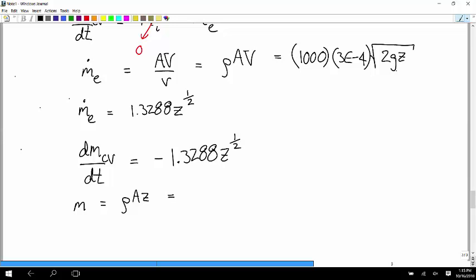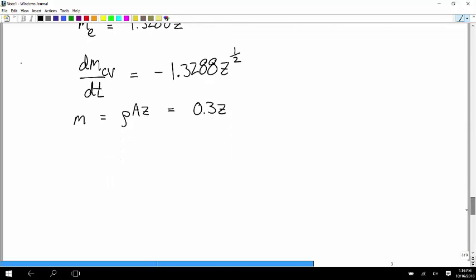So that's 1,000 times the area, so 0.3 Z. And so then we have d/dt of 0.3 Z is equal to negative 1.3288 z to the 1/2. And we can divide both sides by 0.3.